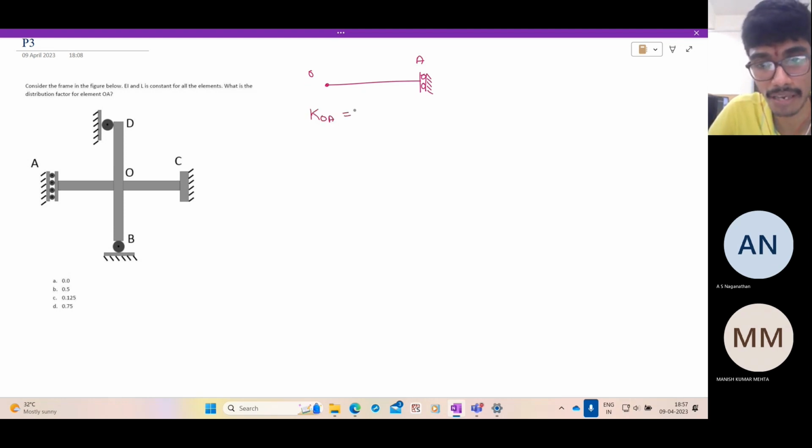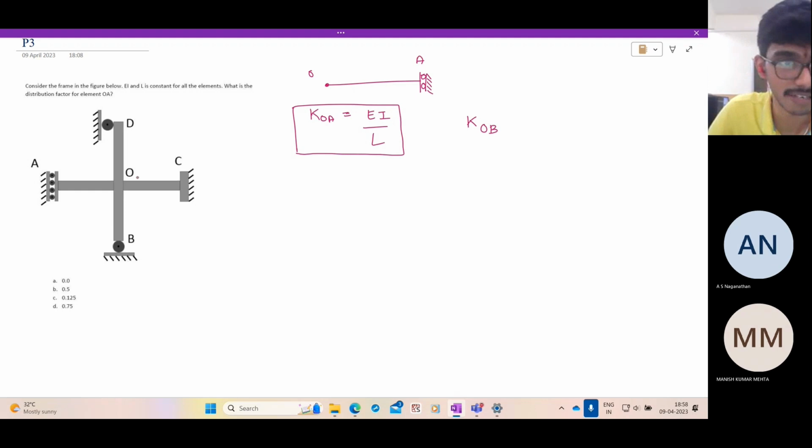Could anybody unmute and tell me what is the value of KOA? We just found it. We took the slope deflection equations for MOA and for MAO, and we let the shear force equal to 0. And when we did that, the sum of the moments has to be 0, and we found it should be equal to EI by L. And what is KOB?